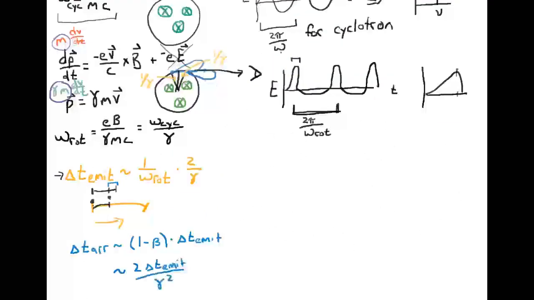So if we do the algebra here, what we're going to have is the expression for the width of this pulse. It's the time interval over which the observer will see a pulse of emission from this electron moving relativistically in a magnetic field. And I'll go ahead and put that back as an expression for the angular frequency of synchrotron emission, and we worked out that this was effectively the angular frequency of cyclotron emission divided by a gamma that had to do with the fact that momentum carried a gamma.